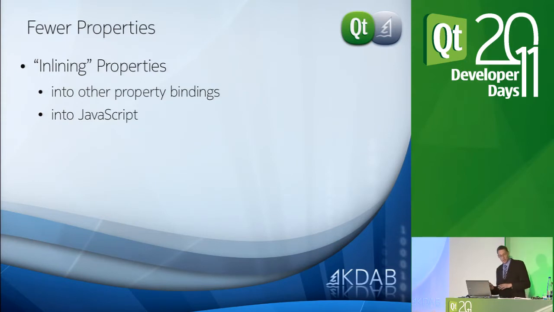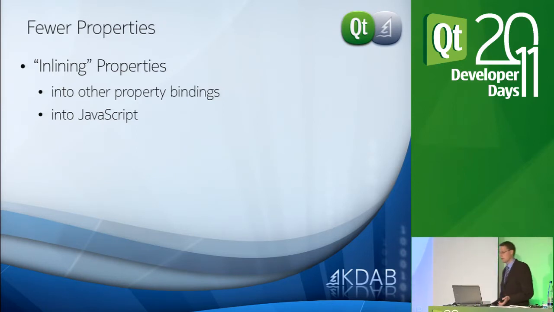So we inline whatever we can, and we move stuff into JavaScript. Because it turns out that executing JavaScript is actually a lot cheaper than all the property stuff we did in QML. If you create helper variables in your JavaScript code, you barely notice that in the output. Which is, if you think about it, hardly surprising, because the JavaScript engine behind that, JavaScriptCore used in WebKit, and V8 in QML2, is highly optimized stuff with just-in-time compilers and all kinds of optimizations used in modern web browsers.